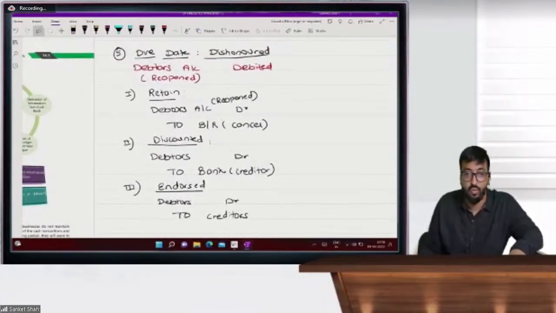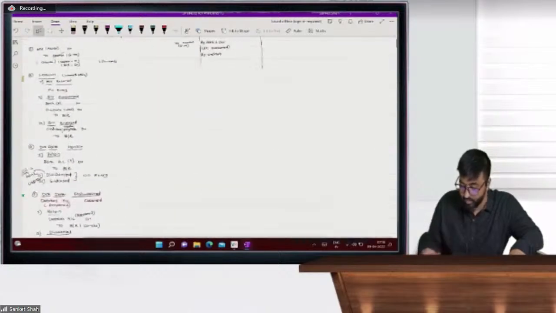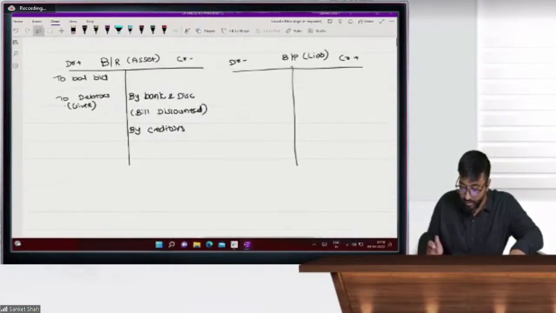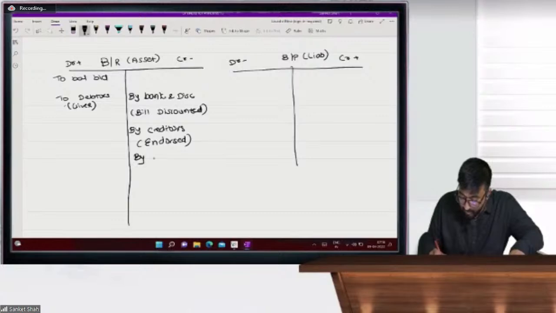So revise all these entries better. Pro forma. Yes, we are going to write the pro forma now. By creditors when bill is endorsed. Then after that by bank, retained bill honored.